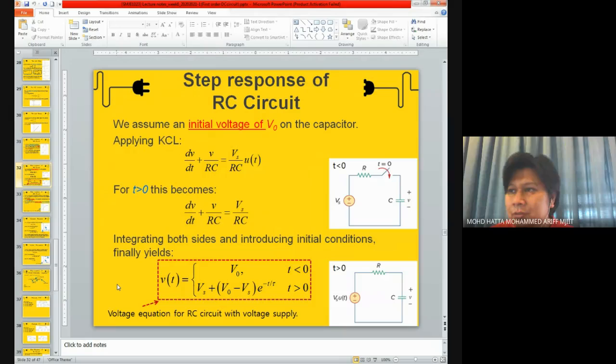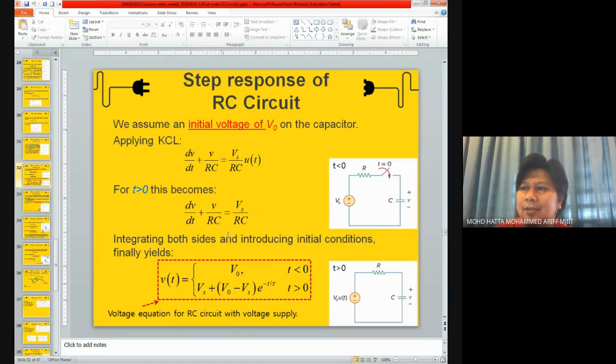If we assume that the initial voltage is given as V0, and we apply KCL and later analyze the circuit at t greater than 0 by integrating and simplifying some of the equations, finally you will end up with this voltage response across the capacitor.